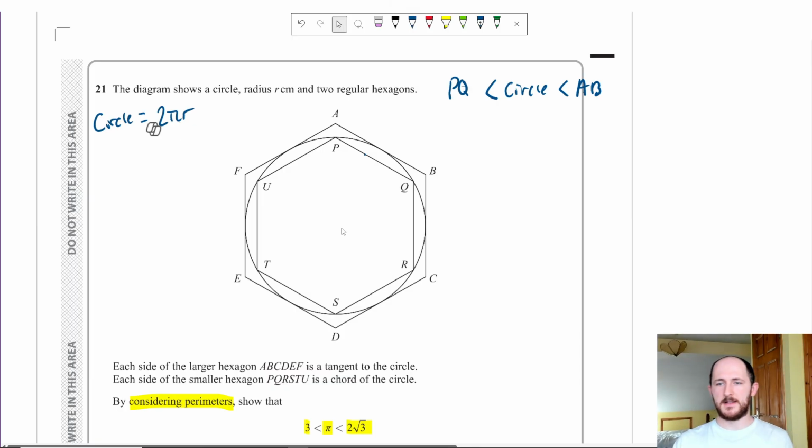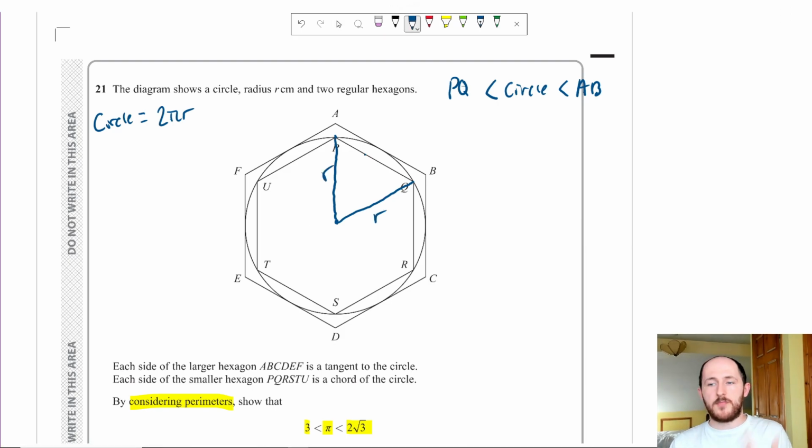Now, if you remember, and this is the first thing I did, almost like a reflex reaction, I know for a fact that you can break up circles into different shapes. Why did I do that? I did that because both of these lengths are the radius of the circle.